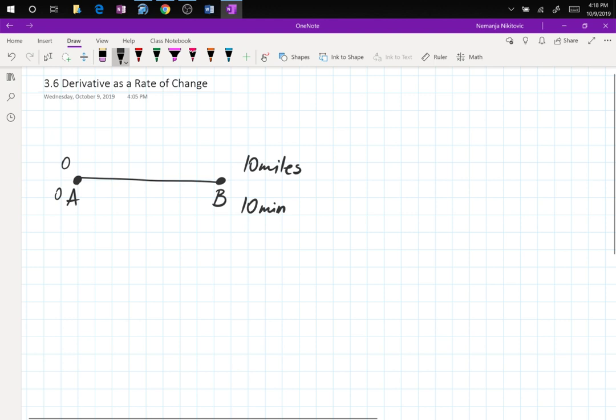So with this calculation, you can compute what we call the average velocity, which is simply calculated when you divide the distance you covered by the time it took you to cover that distance. So the average velocity is simply 10 minus 0 divided by 10 minus 0. Now this is in miles and this is in minutes. So you are getting that you covered 1 mile per minute.